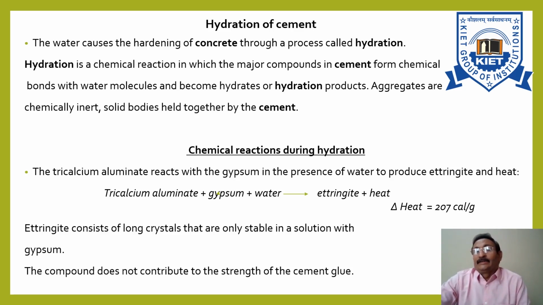This hydration process can be visualized in two ways. First is the solution mechanism. In this mechanism, cement compounds dissolve to produce a supersaturated solution, and from that supersaturated solution different hydrated products get precipitated.